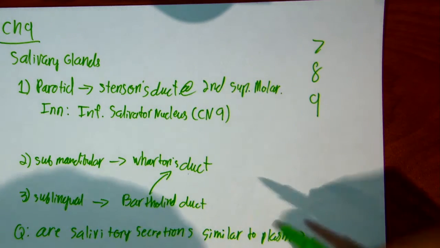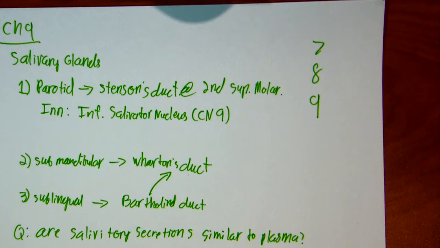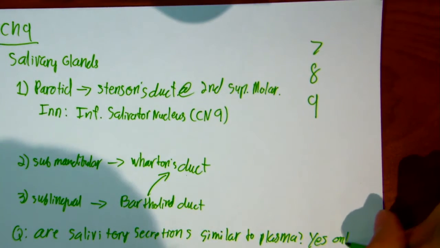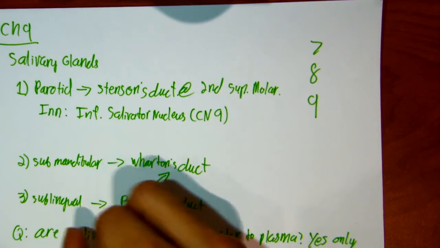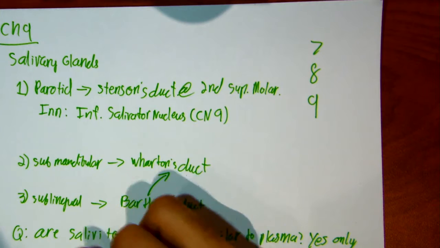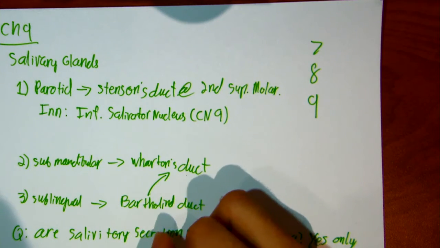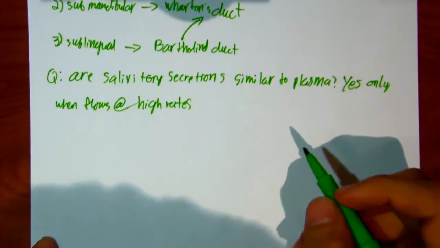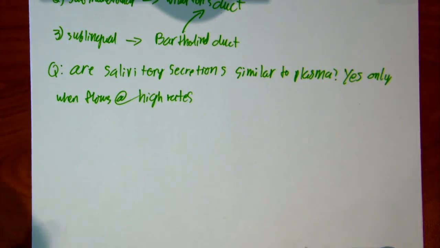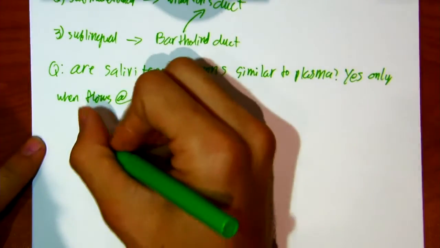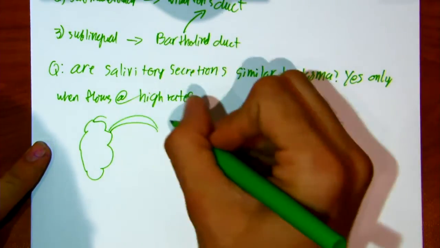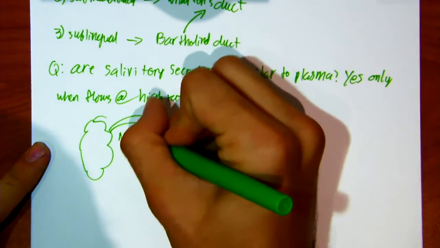All right, so do you guys have any idea if salivary secretions can be similar to plasma? All right, so we're saying yes, only when it flows at a high rate. The reason behind this is when your salivary glands produce saliva, you're going to have various ions in there like sodium.